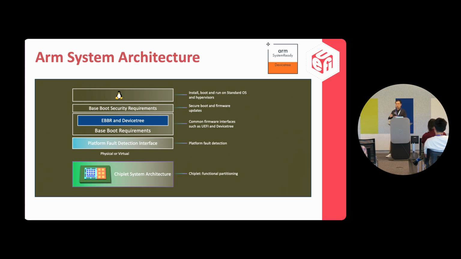But if you don't do the BSA, you can't support the previous system-ready band, but you can support this system-ready device tree band. The difference here is, as you notice, there's no requirement on the hardware front. Everything is described to the operating systems through EBBR and device tree. EBBR is basically a set of reduced UEFI requirements for the embedded devices.